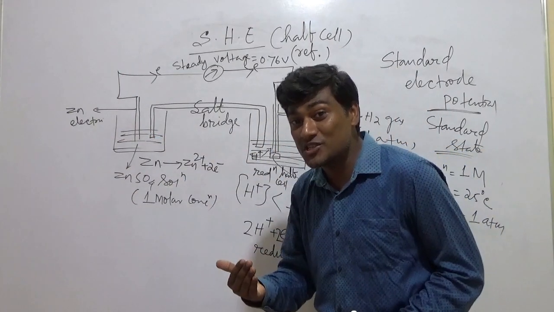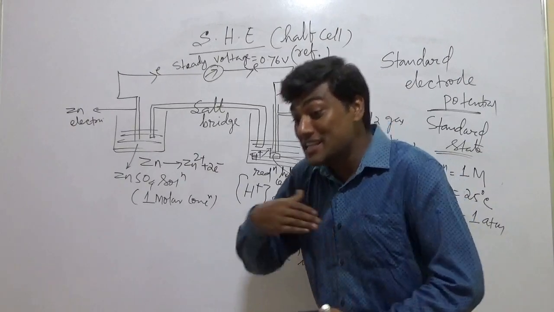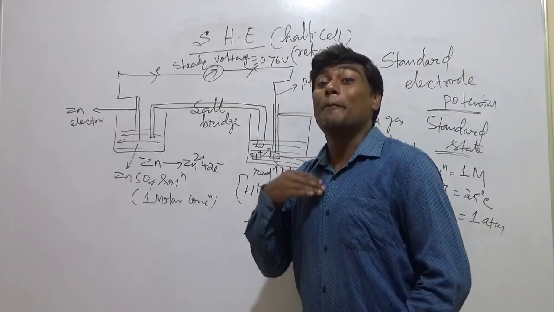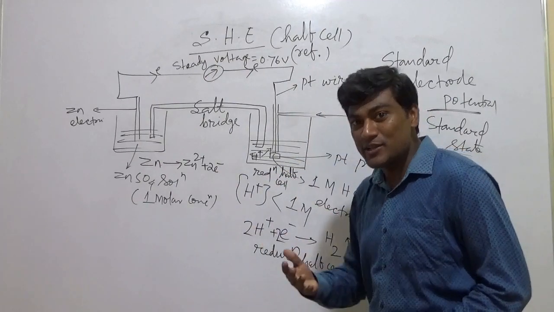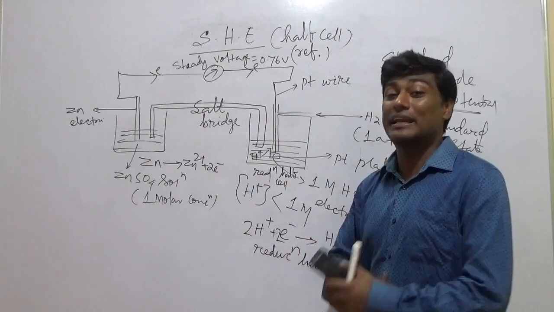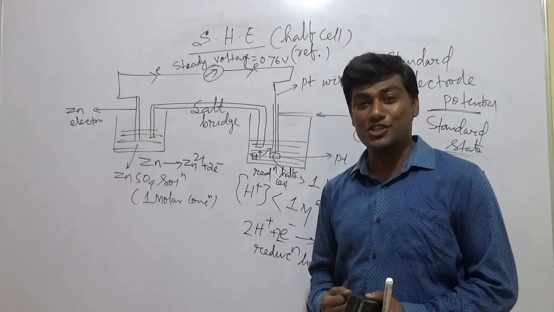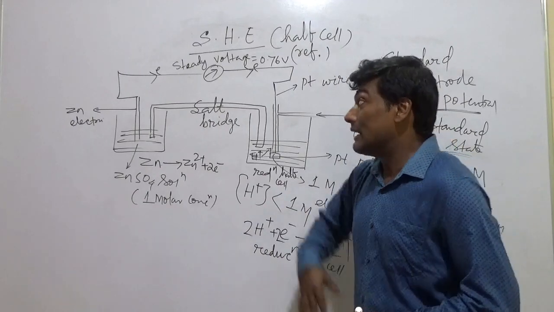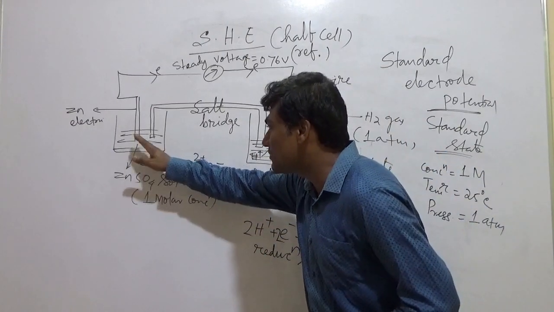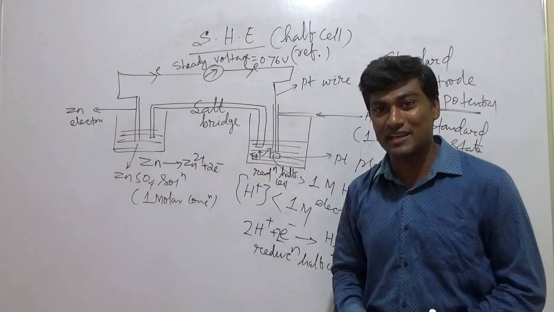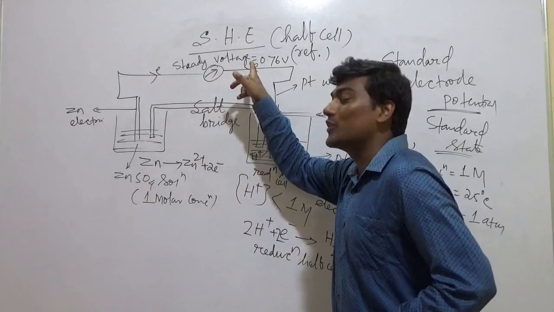Oxidation potential means the readiness, the tendency of an electrode to be oxidized. Reduction potential means the extent to which one electrode wants to be reduced. The effect of the oxidation potential and reduction potential is nothing but this voltage.